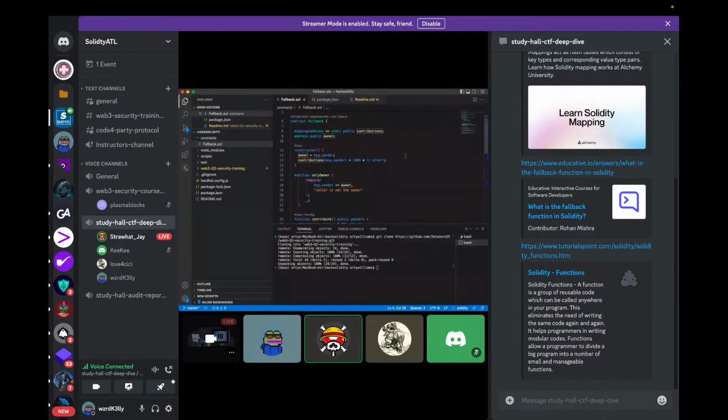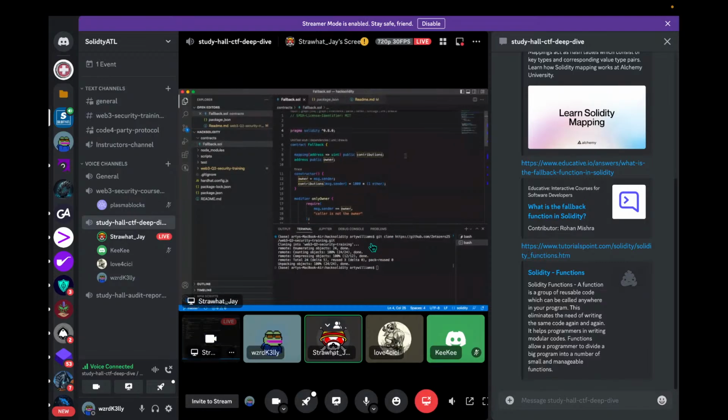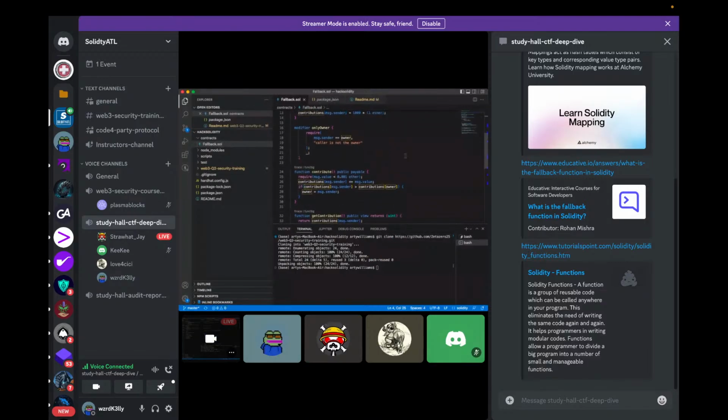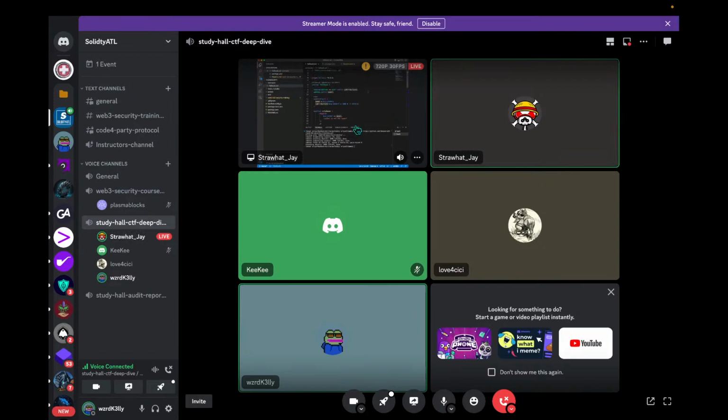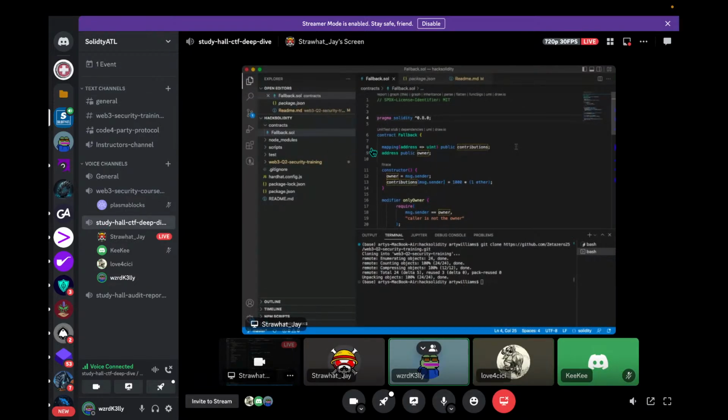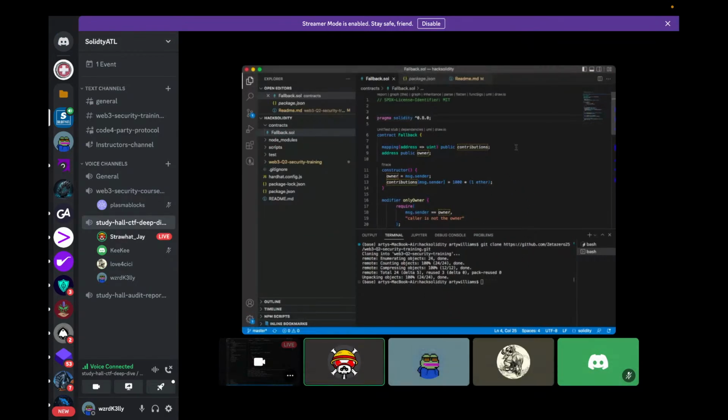All right, so you want me to just go through the code? Just take it from the top and explain what's happening in each step. All right. The license identifier, obviously. Pragma Solidity is just the Solidity version. This is 8.0 or anything above 8.0. The name of this contract is Fallback.